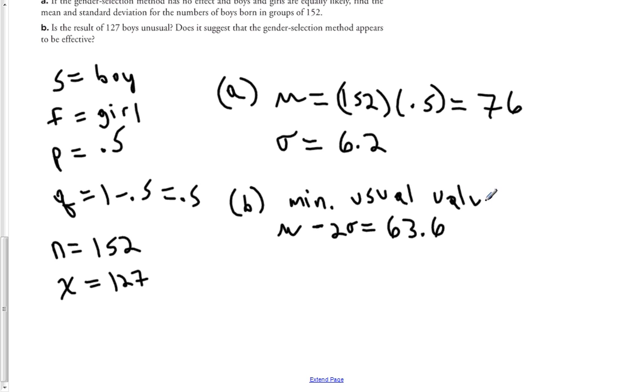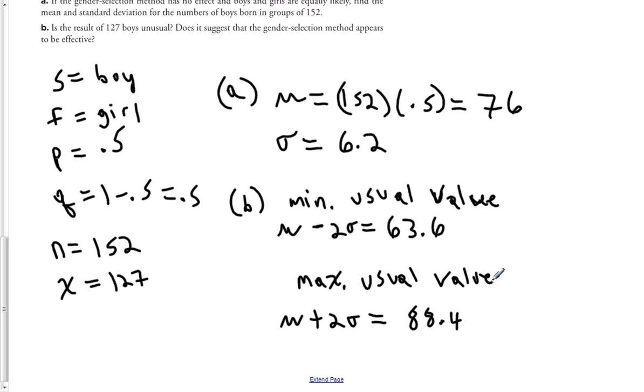And we also have the maximum usual value, which is mu plus 2 sigma, and we said that was 88.4, which is the max usual value.